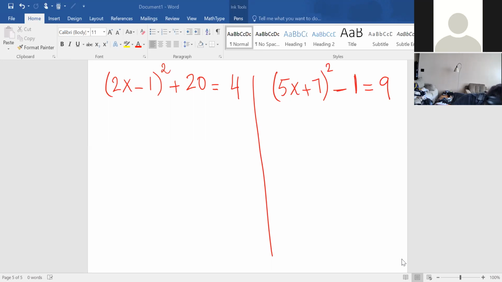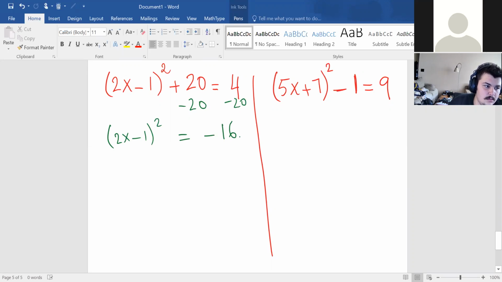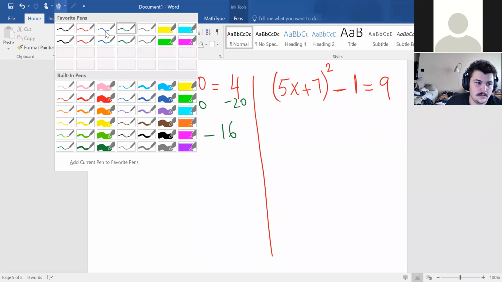So you can go ahead and tell me the steps, what you did first. Okay, so first I subtracted the 20. Yep. And that gave me -16. So then I had to do the square root on each side. Yep, that's correct.